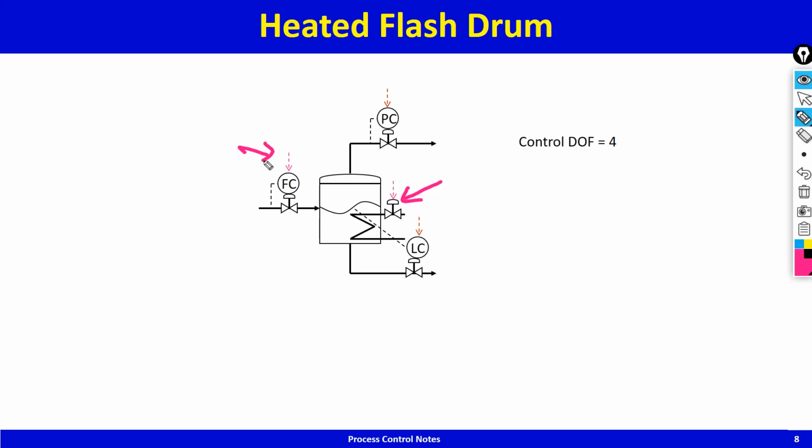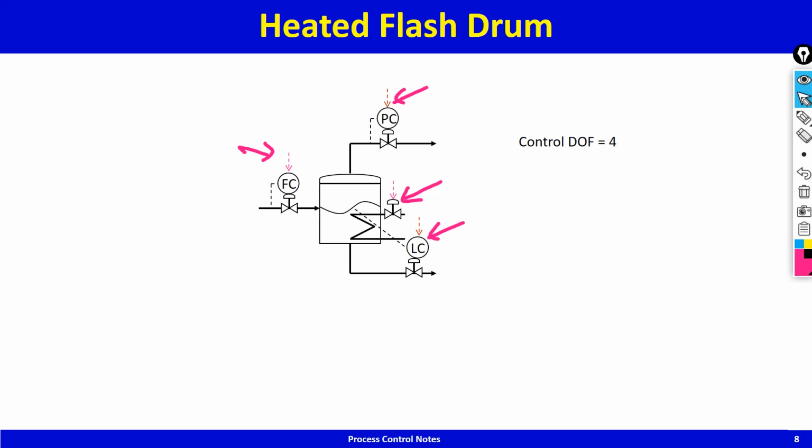As the fluid is heated, the tank gets pressurized and vapor is allowed to leave under pressure control, and as vapor leaves, the level goes down, or the level will change. In order to keep the level fixed, you adjust the outflow. So you can see there are 4 control degrees of freedom.